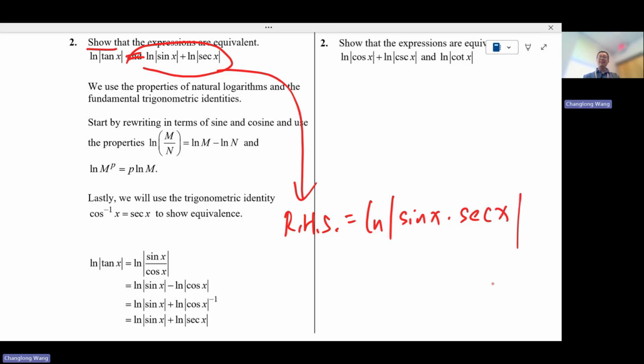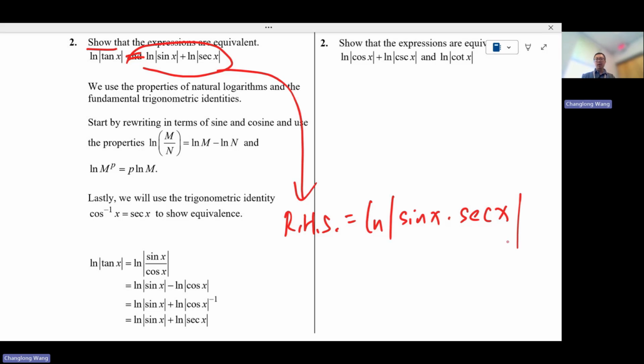Right? And it turns out that this is the only thing they're giving you with the log, because they're trying to ask you to combine the two logs by multiplying the sine and secant, but they make it kind of fancy.